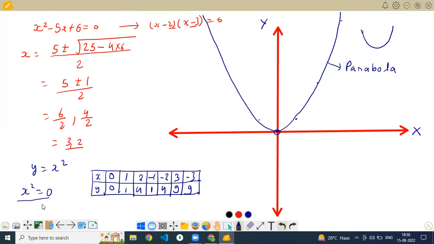So x is equal to 0. This simply says x is equal to 0. And we say that at x is 0, this is becoming 0.